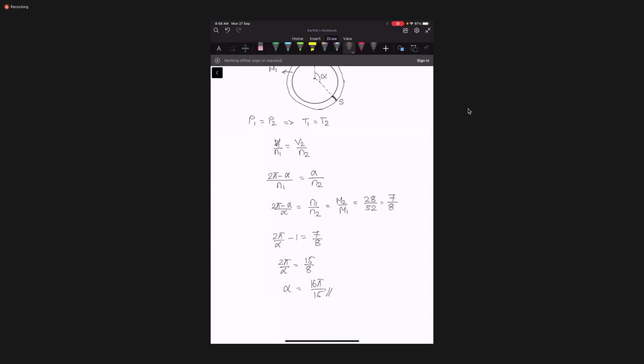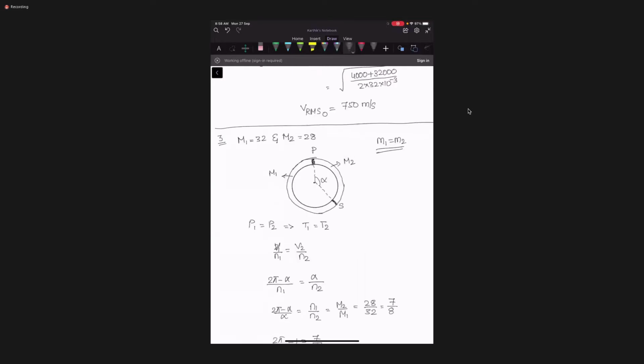Understood this numerical? See, you'll get this idea easily. Equilibrium means your pressure is equal to pressure, right?